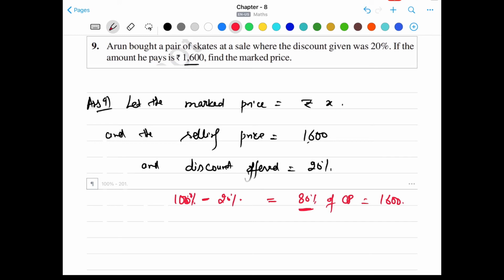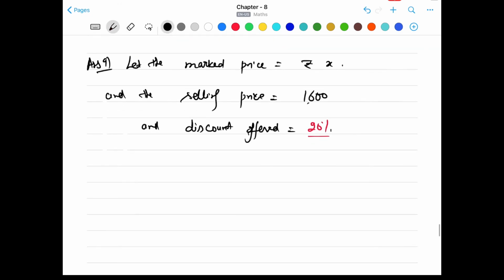Because the total amount is 100%, on which he is having a discount of 20%, so the remaining amount will be 80% of the marked price. So we can now find it directly. Therefore 80% of the marked price, that is x, will be equal to 1,600.